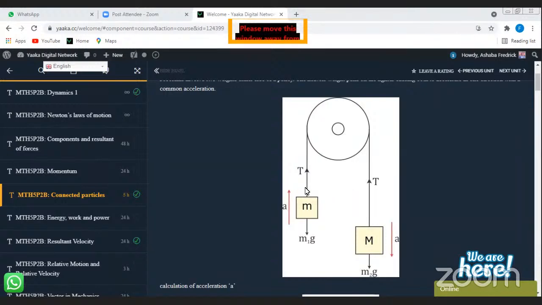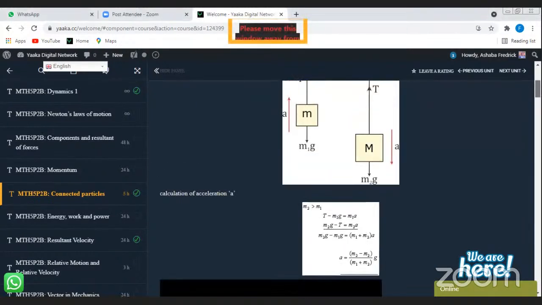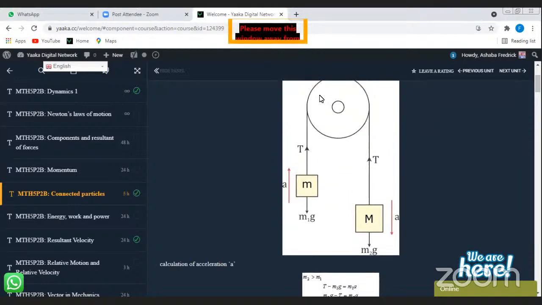So we are going to do resolving. We consider each of those masses separately. So we consider the m kilogram mass, then we get the net force acting on it using F equals ma. Maybe let us go to a whiteboard.